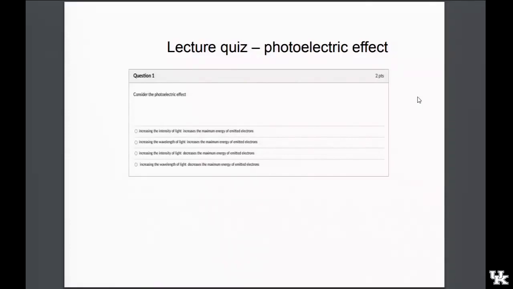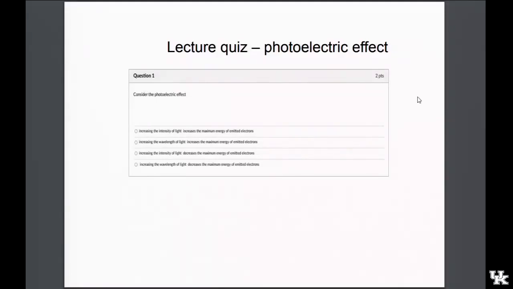There are a couple of statements about whether the maximum kinetic energy of the electrons depends on the intensity of the light, or whether it depends on the wavelength of the light.